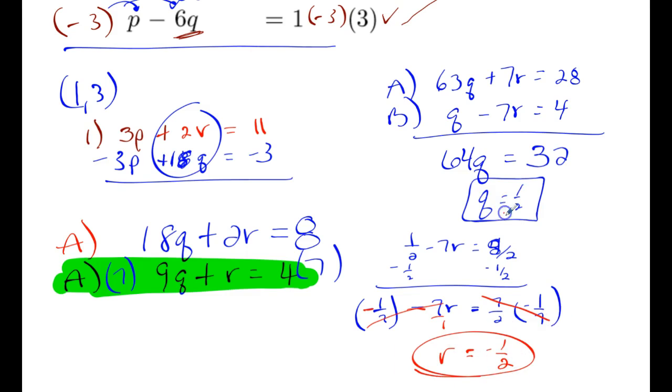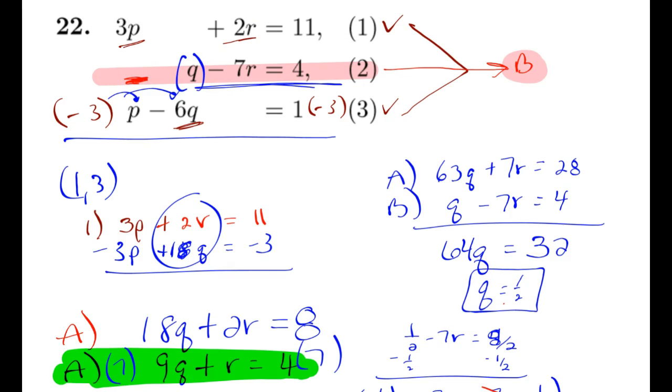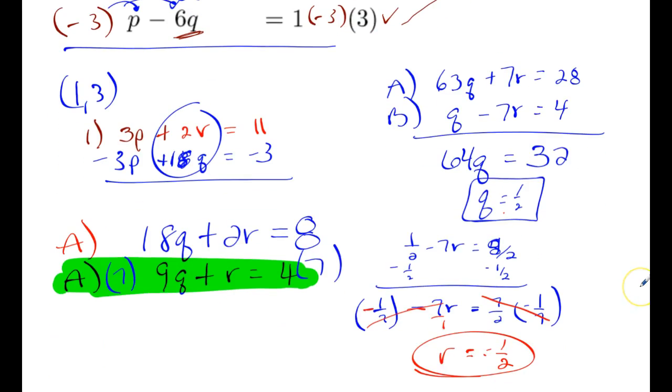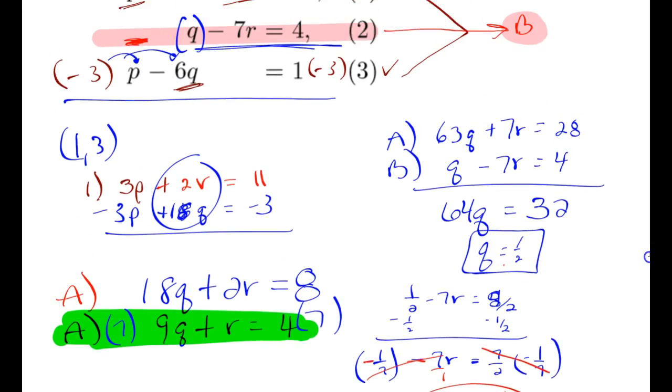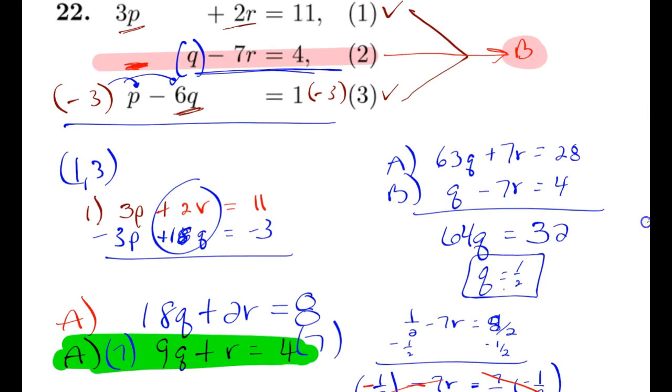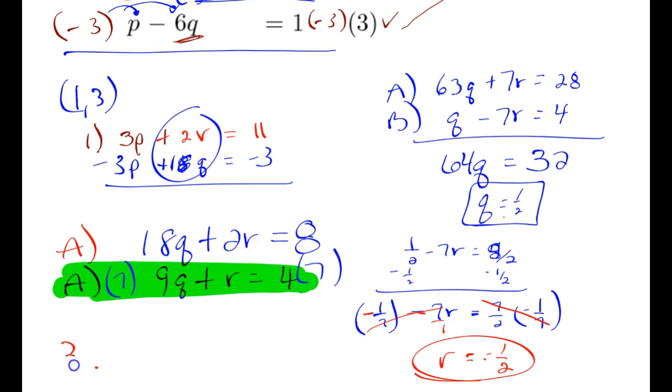And then I would take the Q and the R and plug into either 1, 2, or 3. But remember, we've already got an R and a Q. This is why it's so hard, this missing variables. So we have the R and the Q. We need a P. So don't go to line number 2 because I don't even have a P. So let's use line 3. So P minus 6 times the Q equals 1.